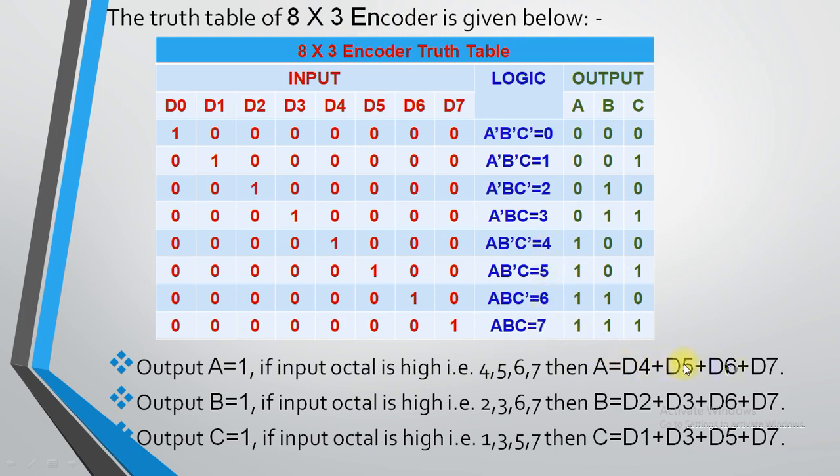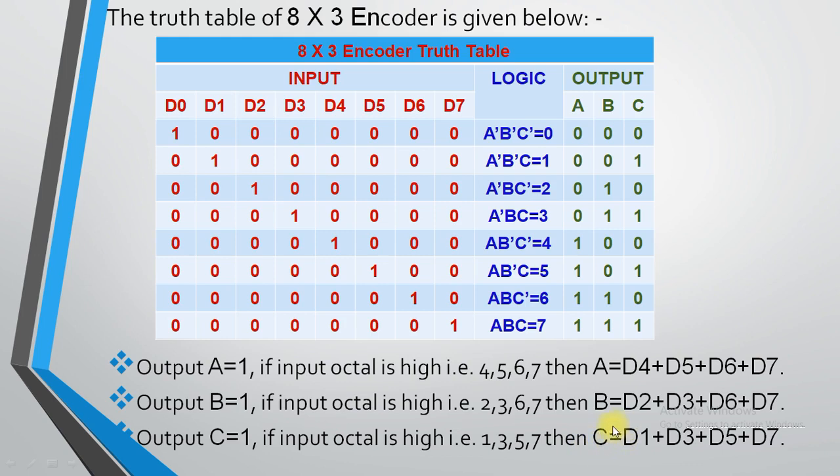So you need to make addition of all the values. Similarly, B equals 1 in these 2 cases, that means 2 and 3, and the last 2 cases, that is represented by 6 and 7. The output variable C equals 1 in case number 1, 3, 5 and 7. So you just need to make an addition of these values, and that can be the output of C.